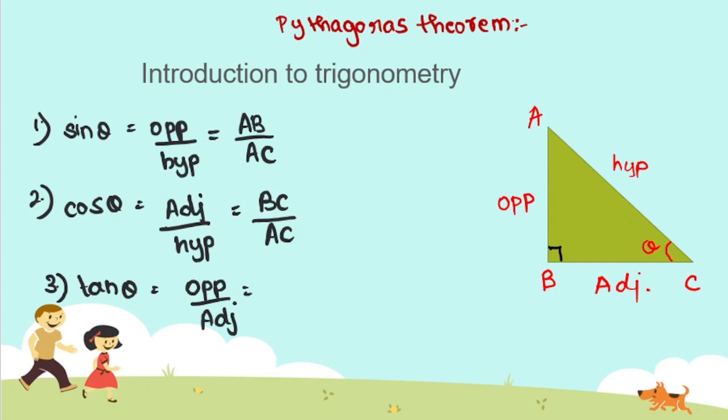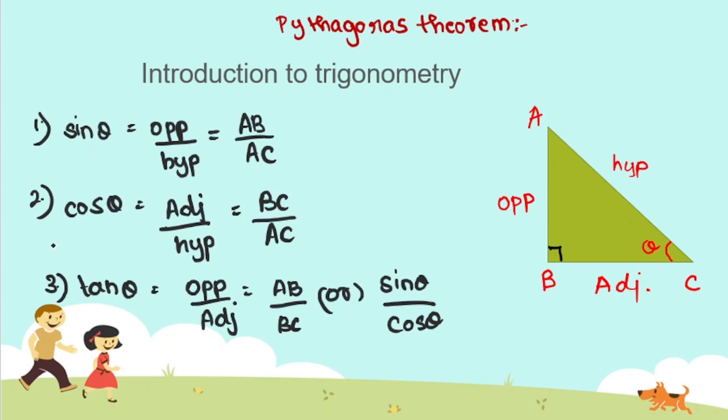Opposite side is AB and your adjacent side is BC. This tan theta can also be called sin theta by cos theta.